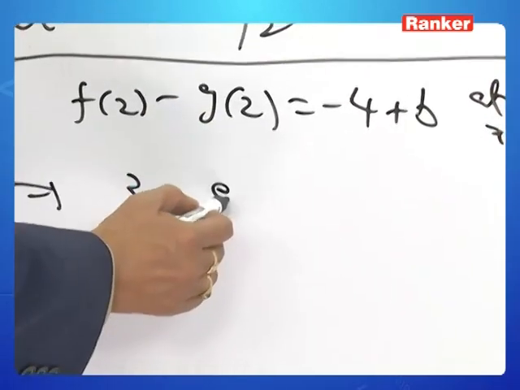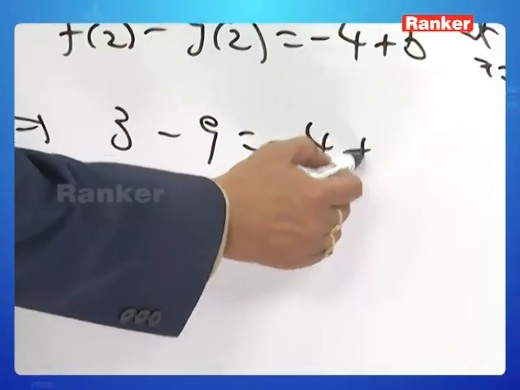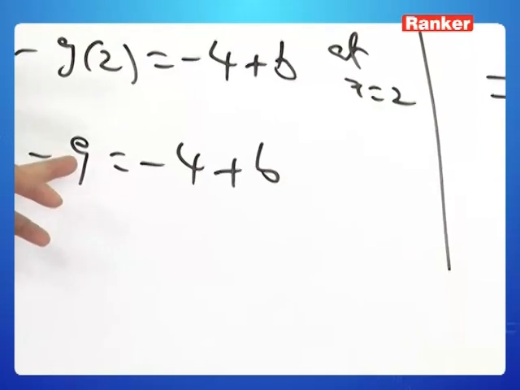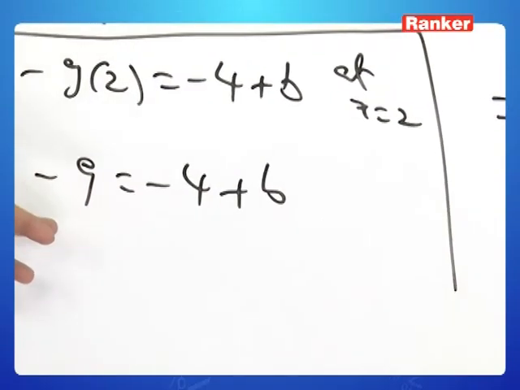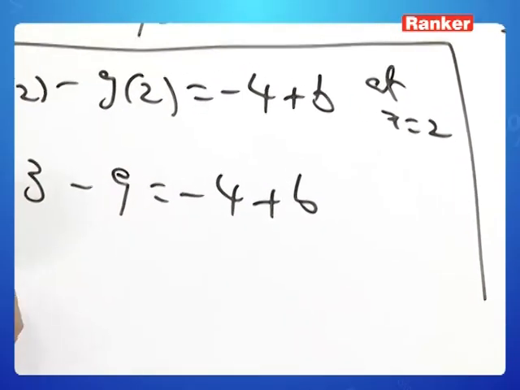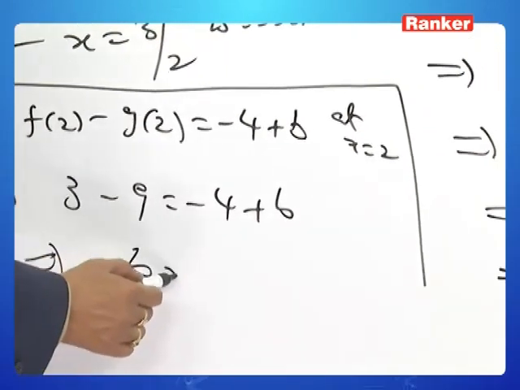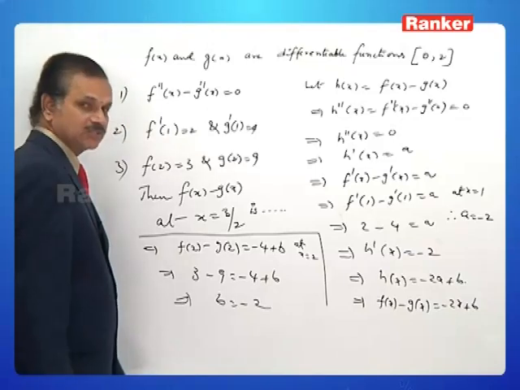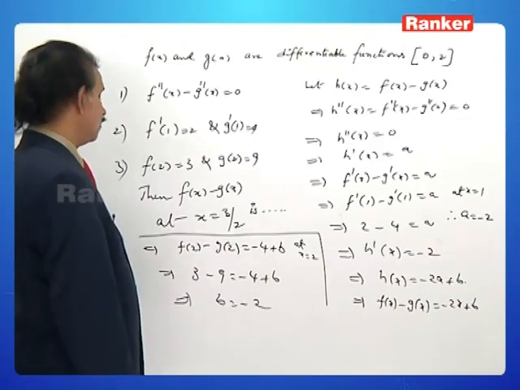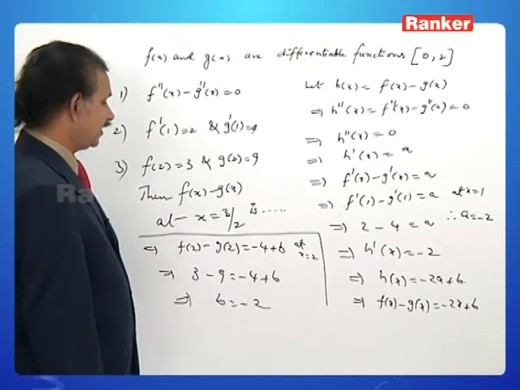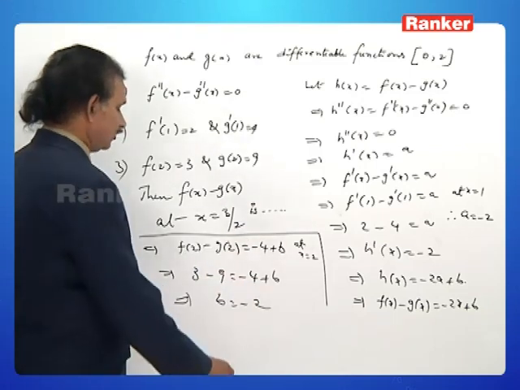What is g of 2? 9. 3 minus 9 is minus 6. Minus 6 plus 4 is minus 2. So b is minus 2. So we have directly b as minus 2.